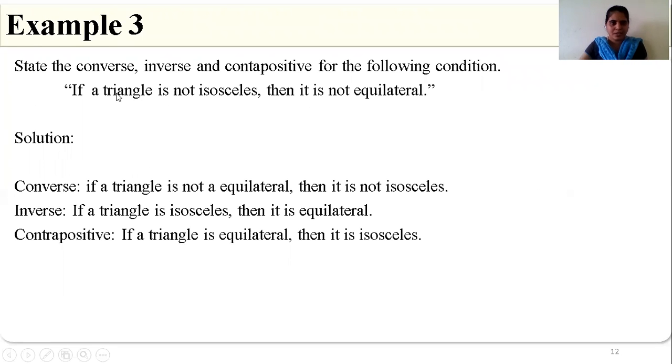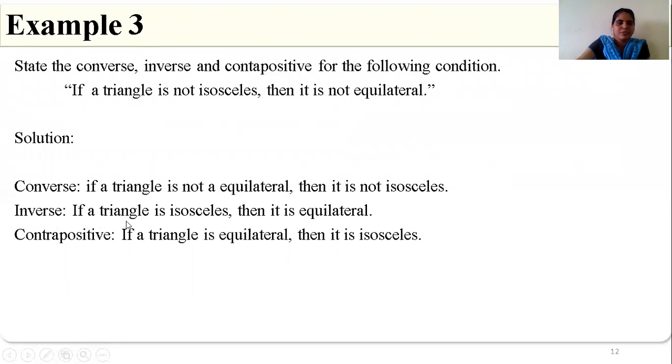Here we can see an example: state the converse, inverse and contrapositive for the given condition. The given condition is: if a triangle is not isosceles, then it is not equilateral. The converse is: if the triangle is not equilateral, then it is not isosceles.